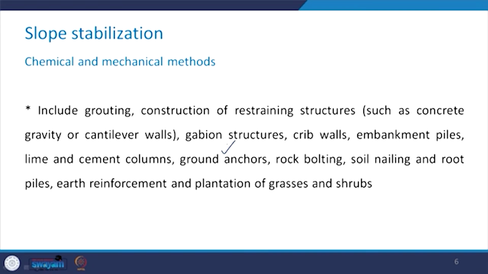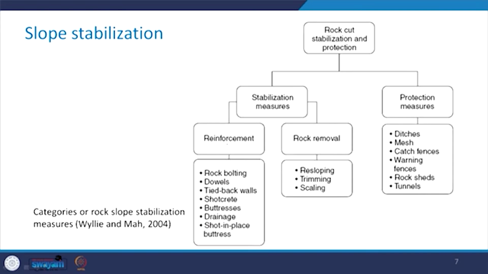Let us take a look here in a summarized fashion at what methods can be adopted for rock slope stabilization under different categories. So, there are basically two branches of this tree.